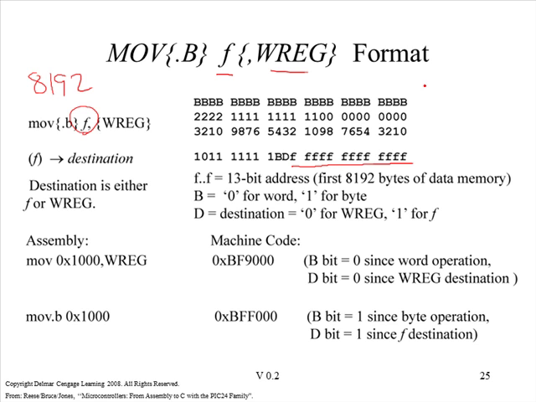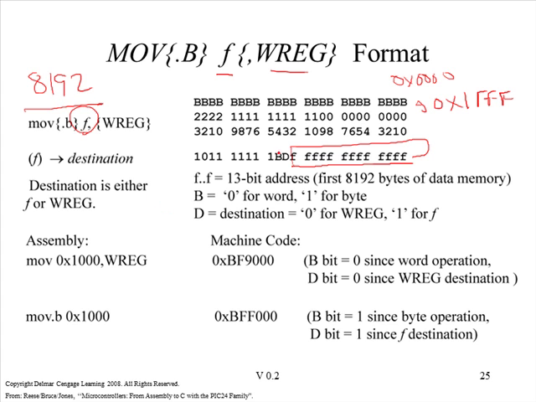This gives us a range, if I write this, from 0x000 to 0x1FFF. That's the range that these 13 bits of address can support, and so that's why this particular instruction and the other version of it, which moves from working register to file register, only supports an address in the first 8,192 bytes of memory.